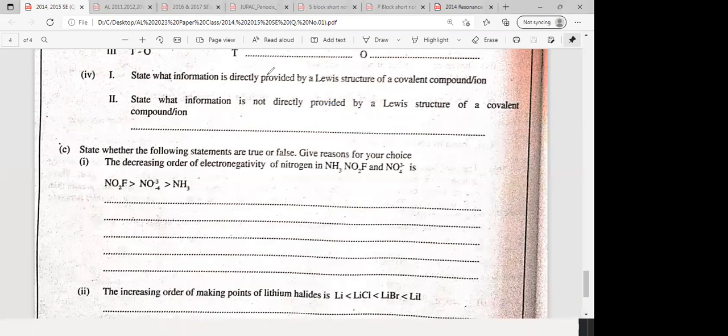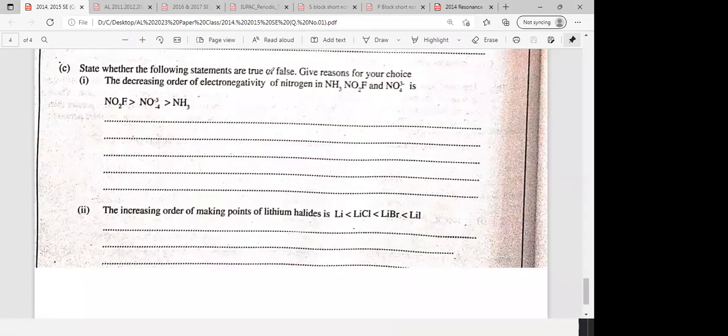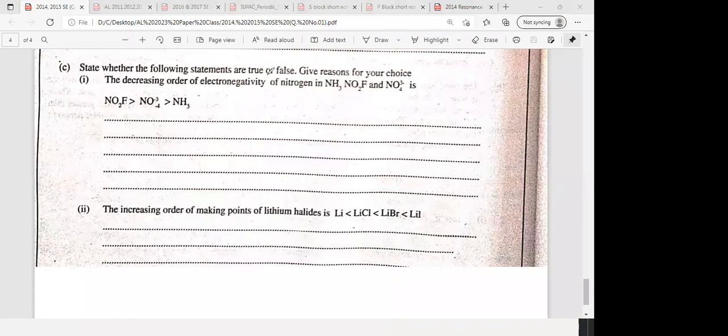Then the next one. Part C. State whether the following statements are true or false. Give reasons.